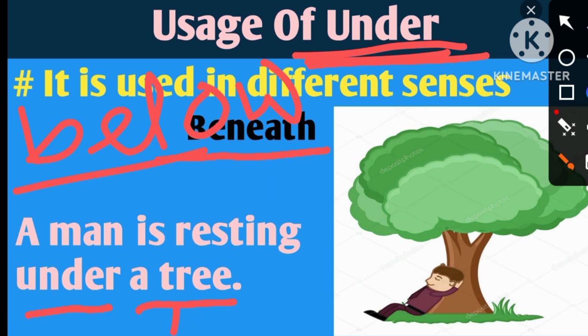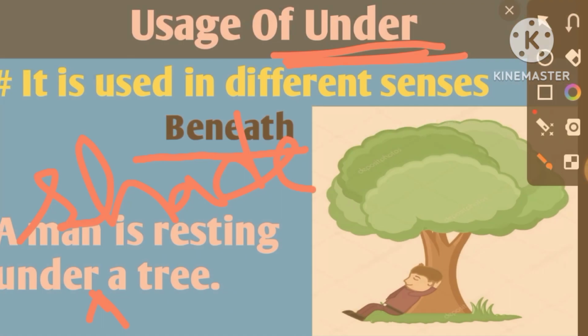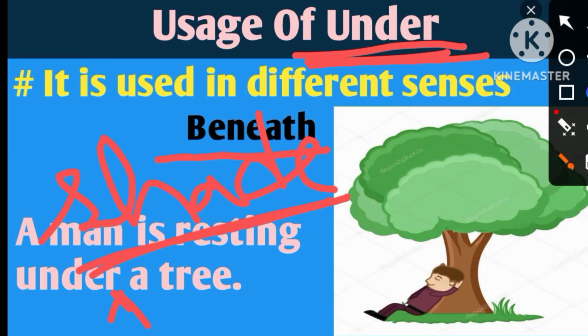Sometimes there is a tendency of using this type of sentence. Sometimes we say the man is resting under the shade of a tree. Here there is a tendency to use shade. My dear friends, it's a wrong usage.